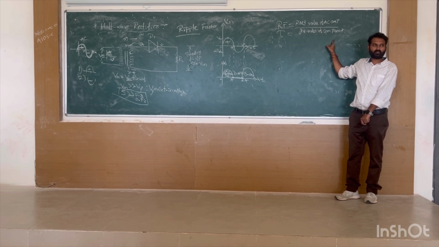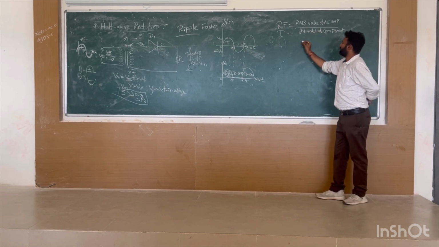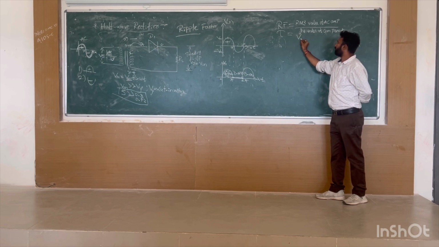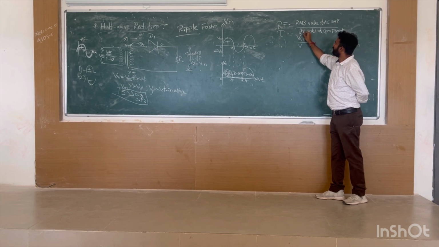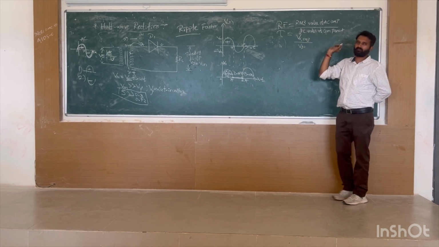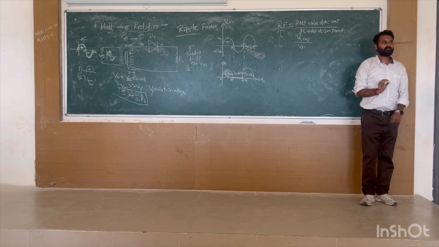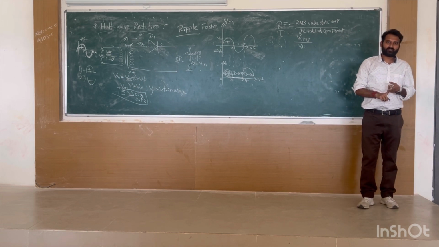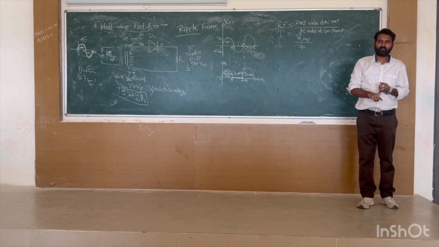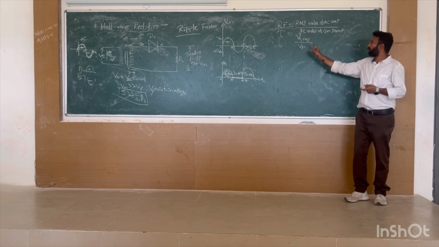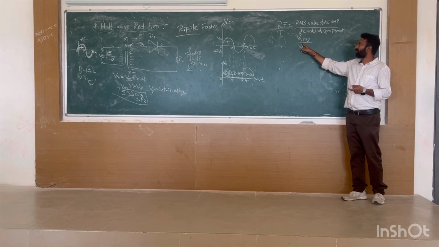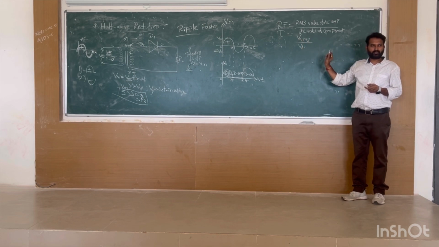I will write this as V_r,RMS divided by the DC value, V_DC. Understandable? V suffix r, RMS. Clear?